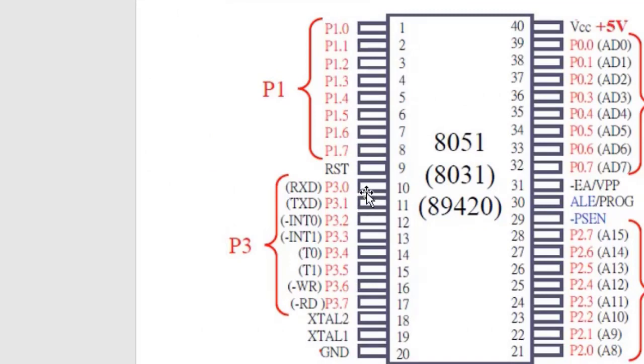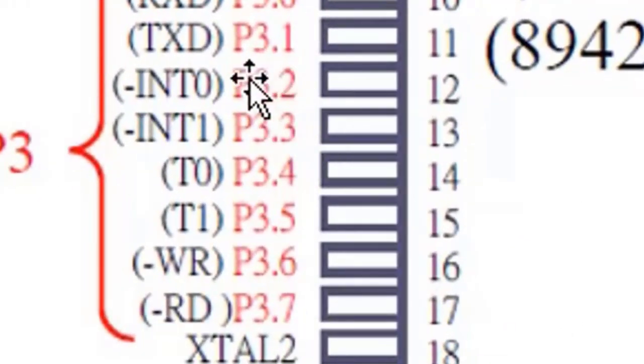These are 2 pins, means INT0 and INT1. These 2 pins will be used as the external signal for running the timer. So if I ever want to control the timer externally, to run the timer or stop the timer externally, then these 2 pins should be required, or we may use any of these 2 pins. If I use timer 0 then I will use P3.2, and if I use timer 1 then I will use P3.3.